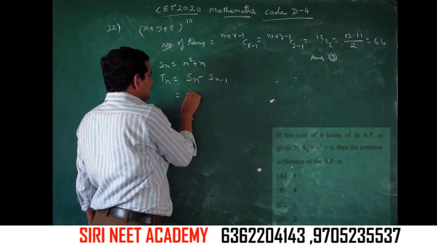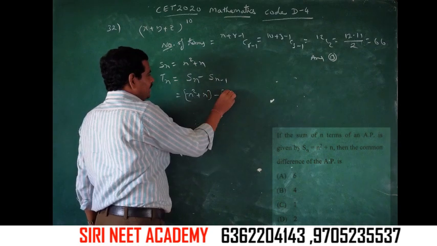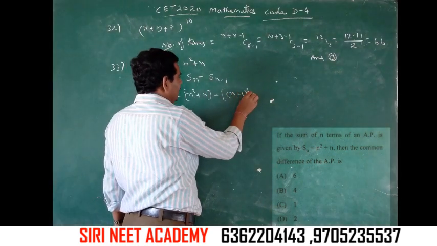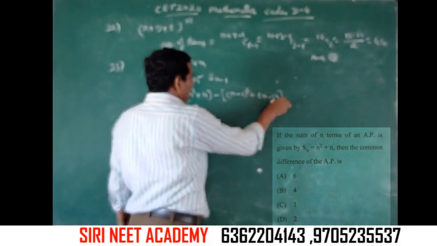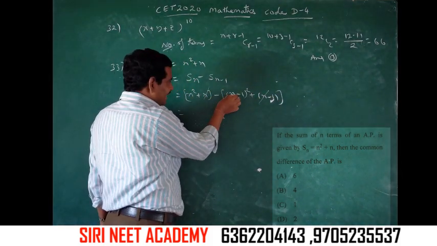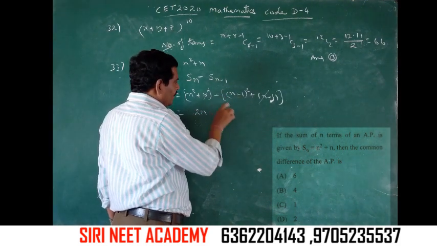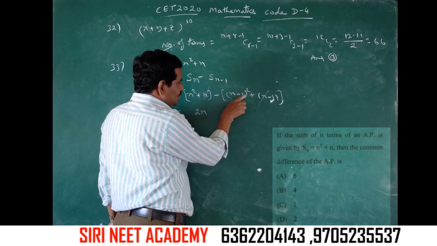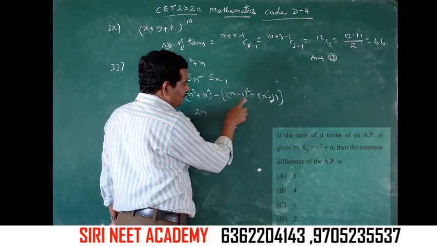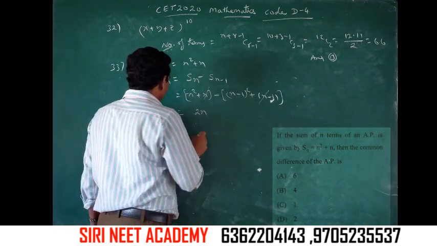So Sn is n square plus n, minus Sn minus 1, which is n minus 1 whole square plus n minus 1. Cancel n here, cancel n square, remaining 2n, and here the 1 minus 1 gets cancelled.